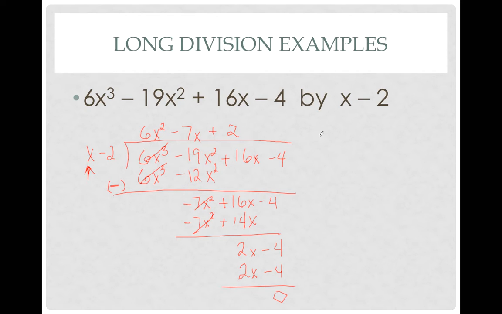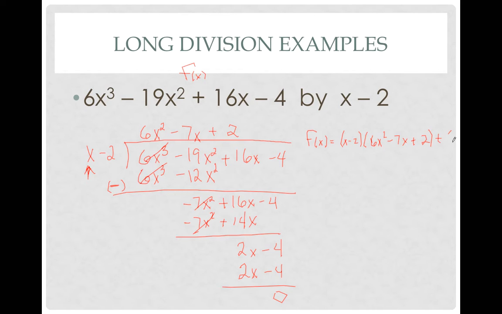So we would write our answer as this polynomial. Let's call this f of x so I don't have to write this again. f of x is equal to x minus 2 times 6x squared minus 7x plus 2, and then add my remainder.